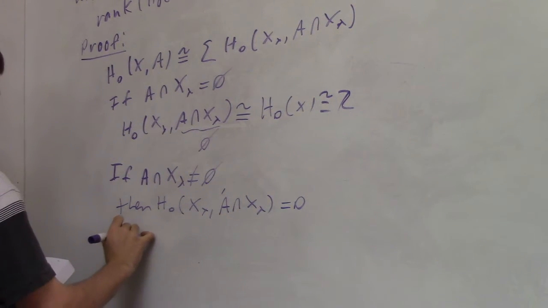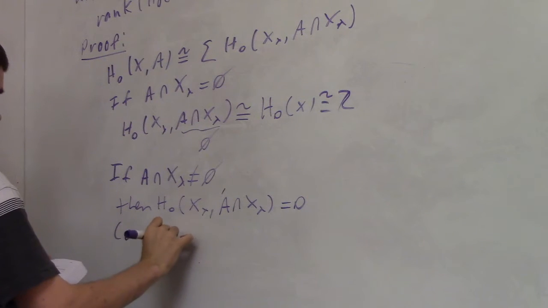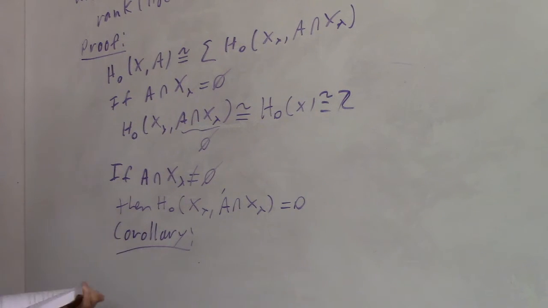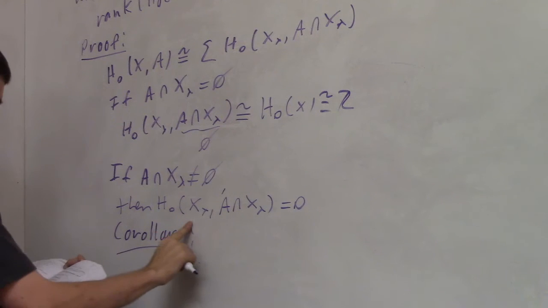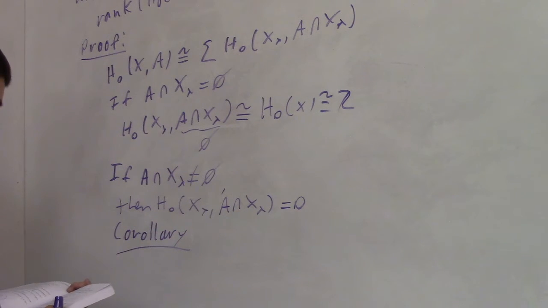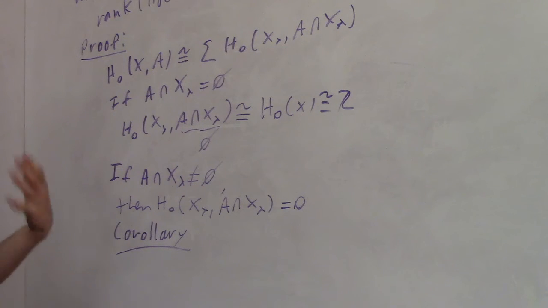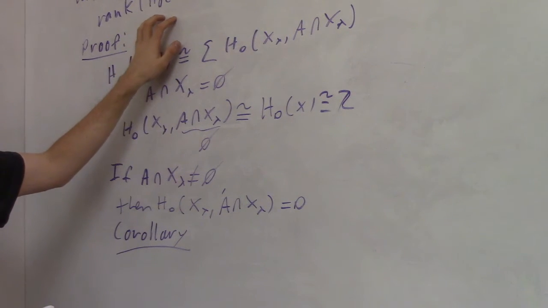It's saying that the number of path components that are disjoint from the subspace A is the rank of this group.